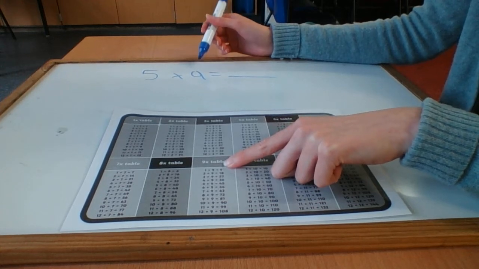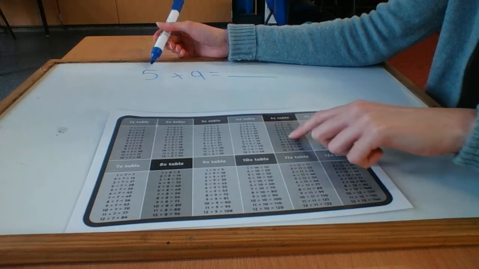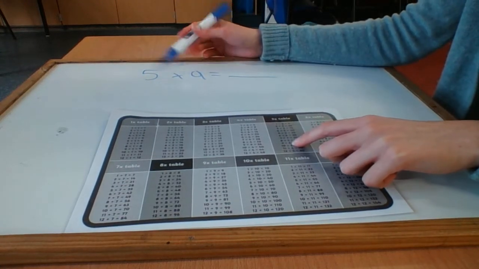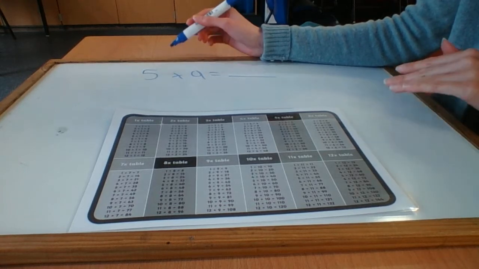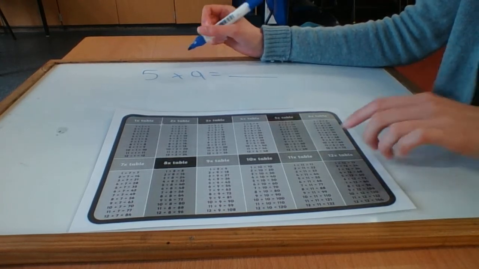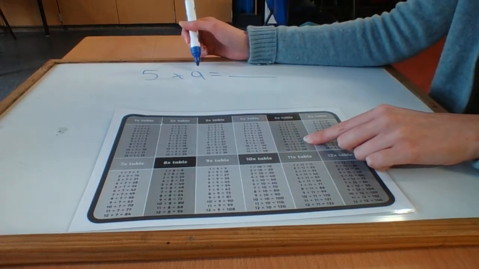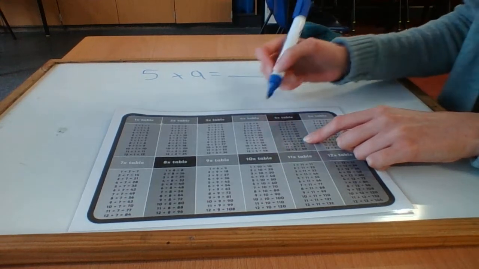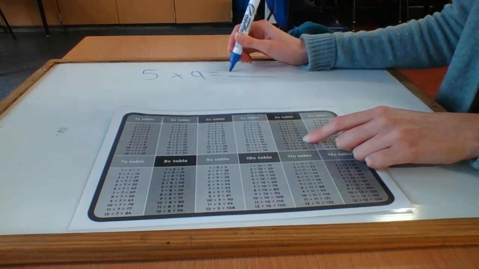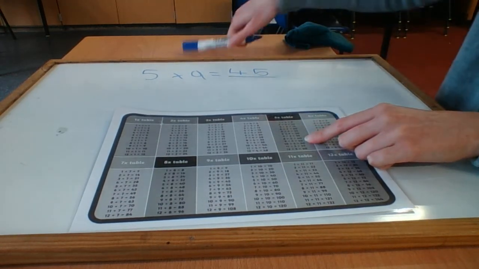It might be that you looked in the 5 times table, and you've gone down it and you've gone, there isn't a 5 times 9. It's not there. But because of what we've just done and related facts, you know that 9 times 5 has the same answer as 5 times 9. So even if you looked in the 5 times table, you know that the answer will be 45. So you can still do it.